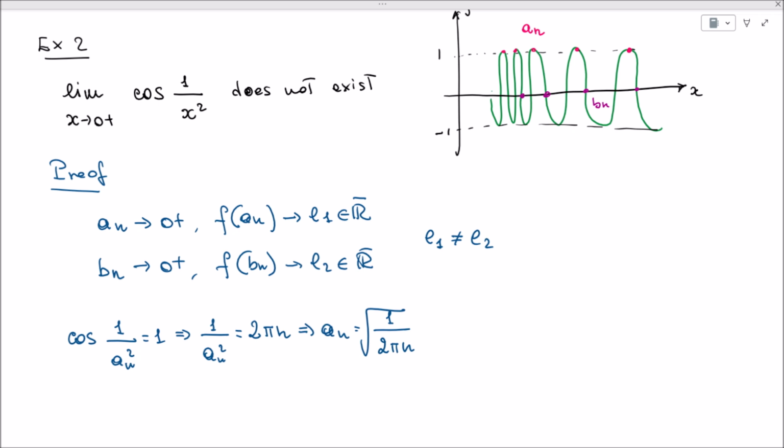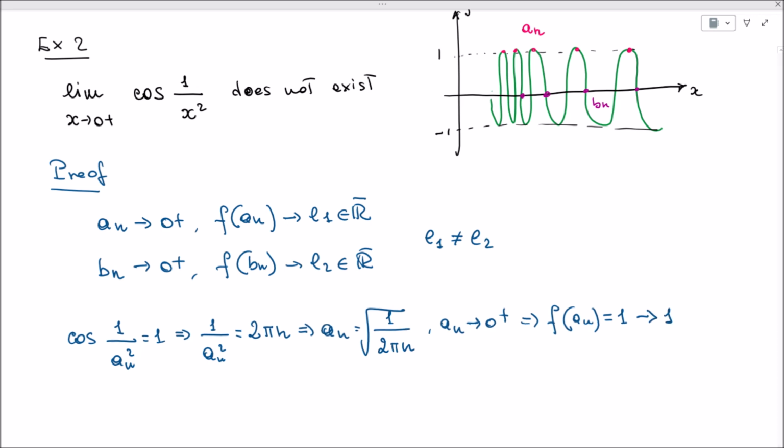And we see that the condition that an tends to 0 plus is satisfied. So clearly we can say that f of an is constantly equal to 1. So clearly this f of an tends to 1.